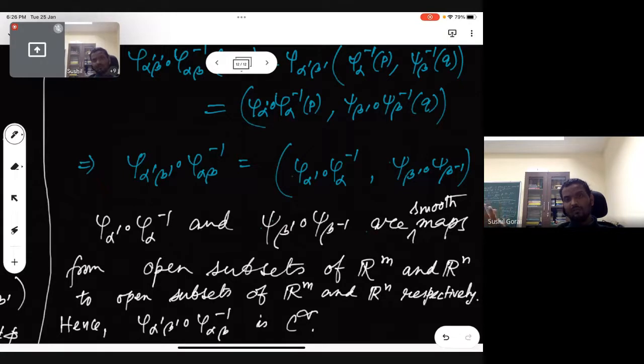This part you know from calculus. Hence we get C infinity. So compatibility is not a question. Just to write these things up properly, that's it. Any question here?